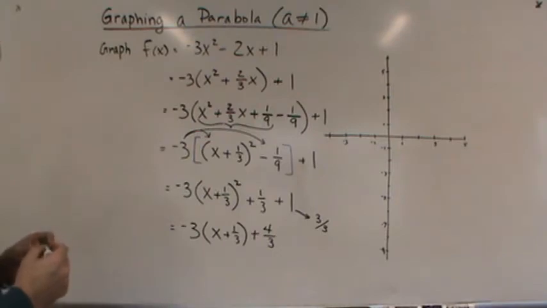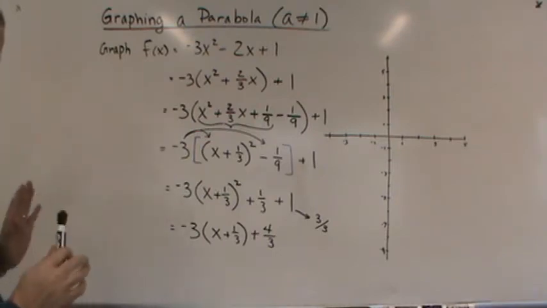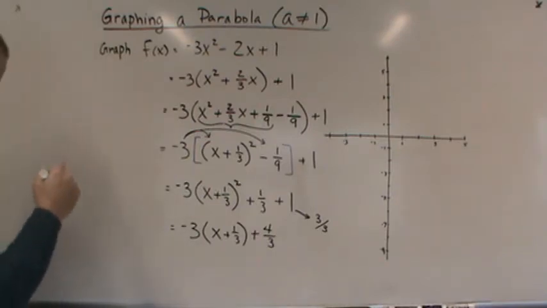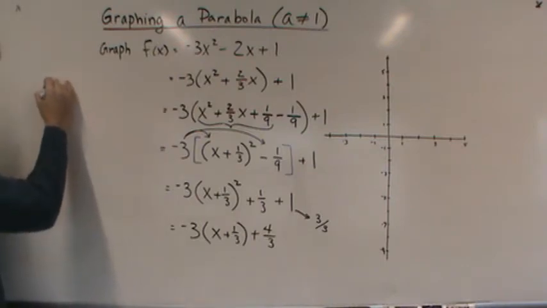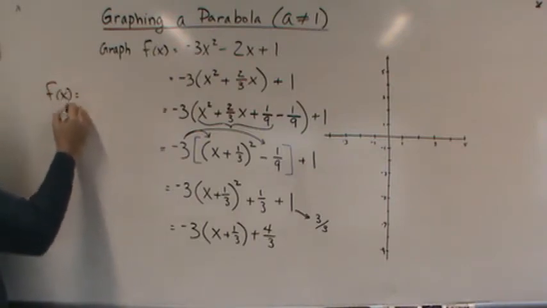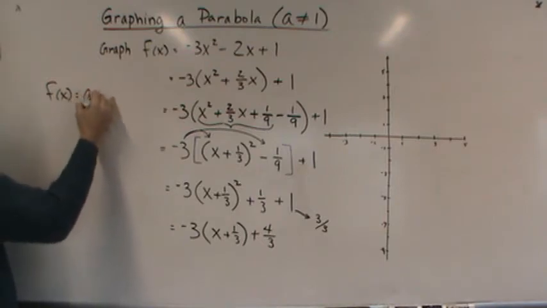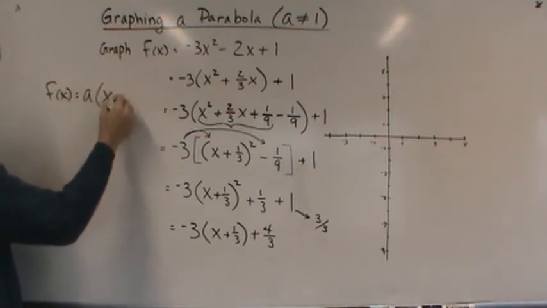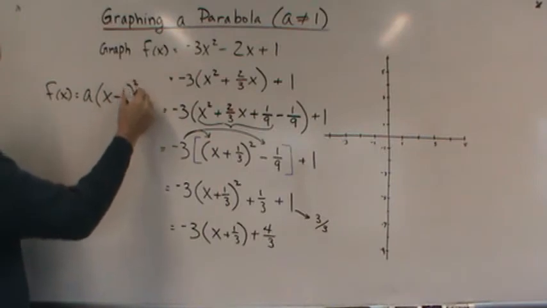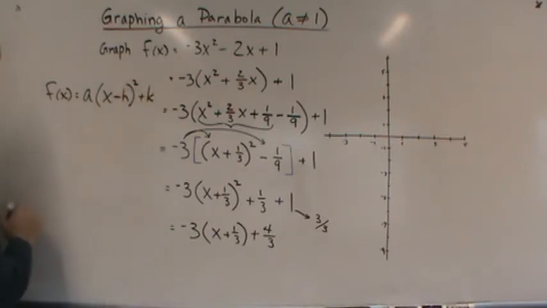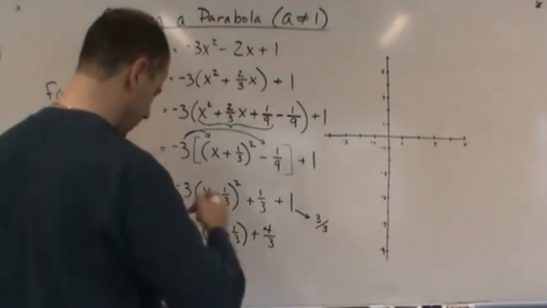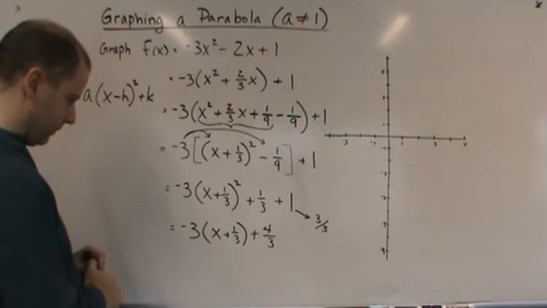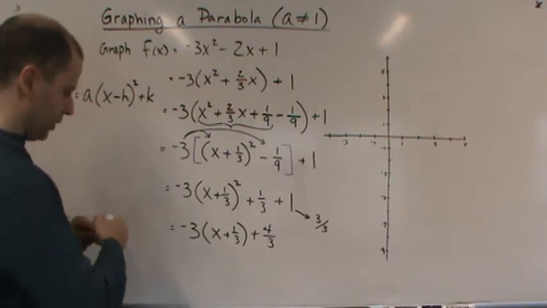And so notice, now, again, remember the form. The form is f of x equals what? A times x minus h squared plus k. So if we want to write this so that it's easier to see where the vertex is, then let's write it as a subtraction.